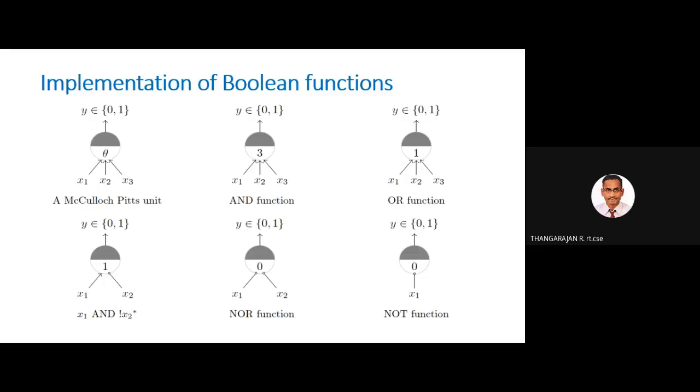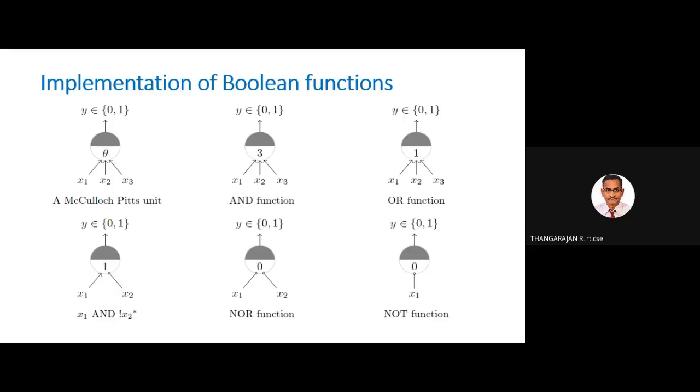Okay, so similarly a NOR function, you know what a NOR function is? So what is the output of a NOR? It's a negated OR. So in a negated OR, both inputs are given as inhibitory inputs. Okay, when both inputs are 1, output is 0. When either input is 1, output is 0.